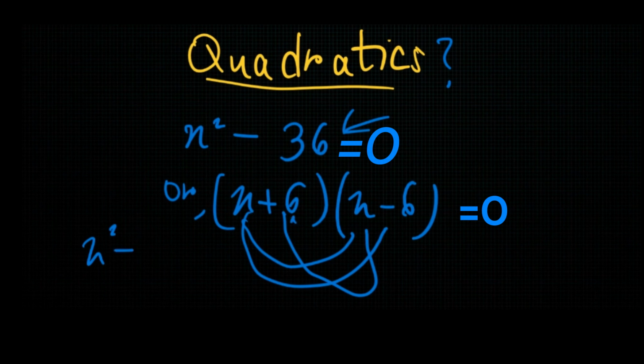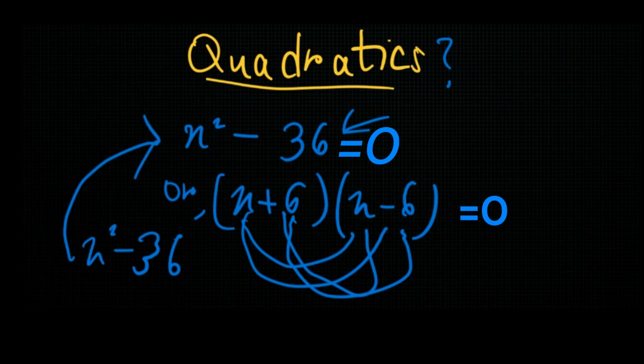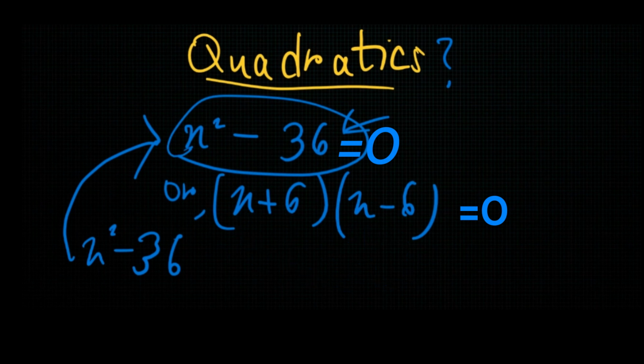And then we have positive 6 times negative 6, which will be negative 36. So this is the same thing as this. Therefore, this is the correct answer.